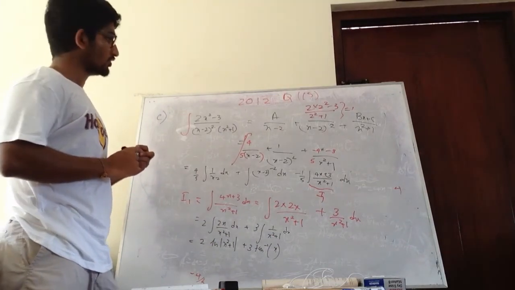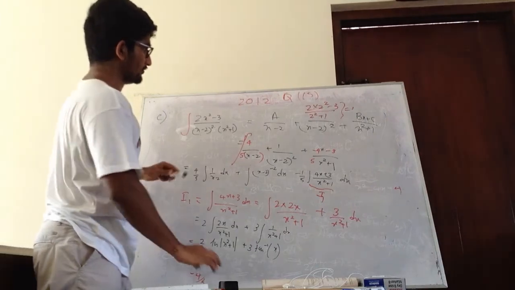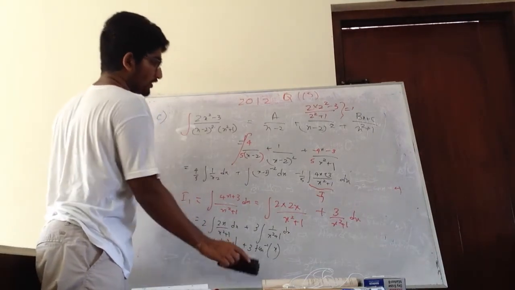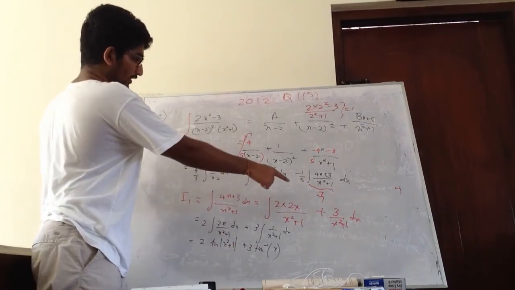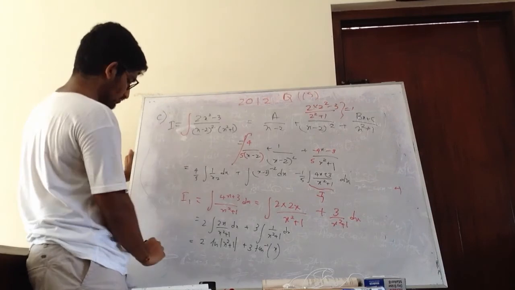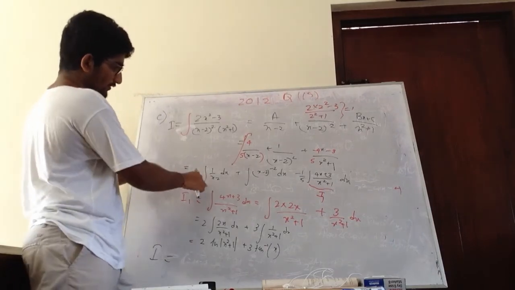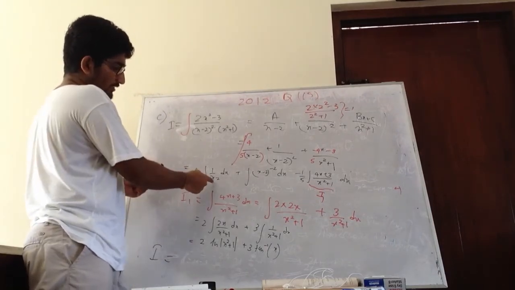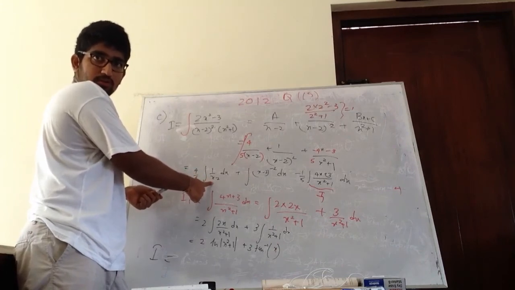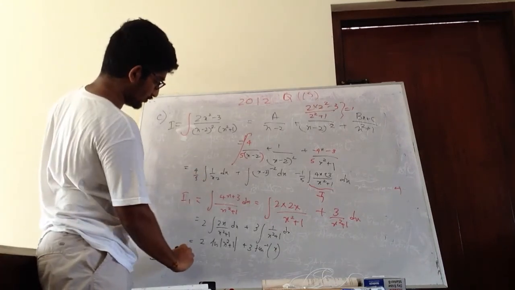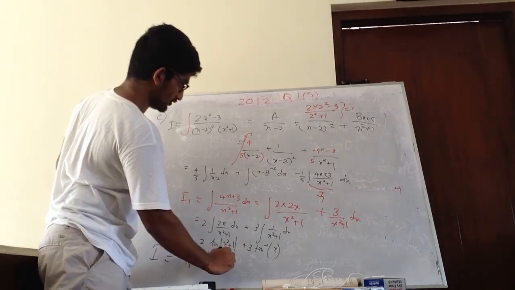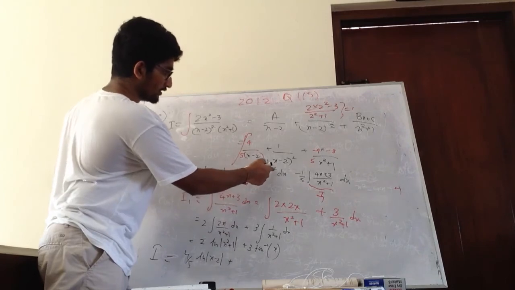Right? So I know I1. So if this is I, I can write I as follows. If you integrate this, it is going to be ln of x minus 2, right? So I can write this as 4/5 ln of x minus 2 plus this is going to be what?